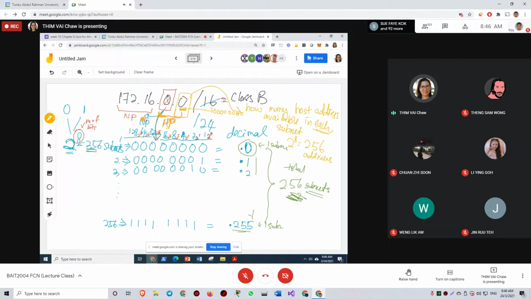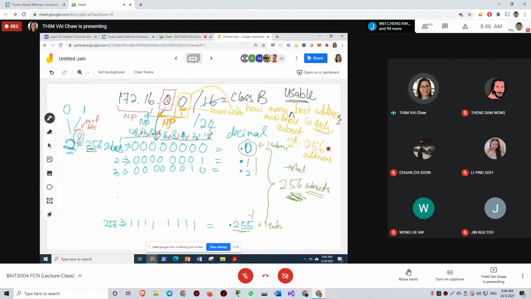But when we want to know the addresses that can be used in your network, how many? I add the word usable. When I add usable, how many usable host addresses are available in each of the subnets?